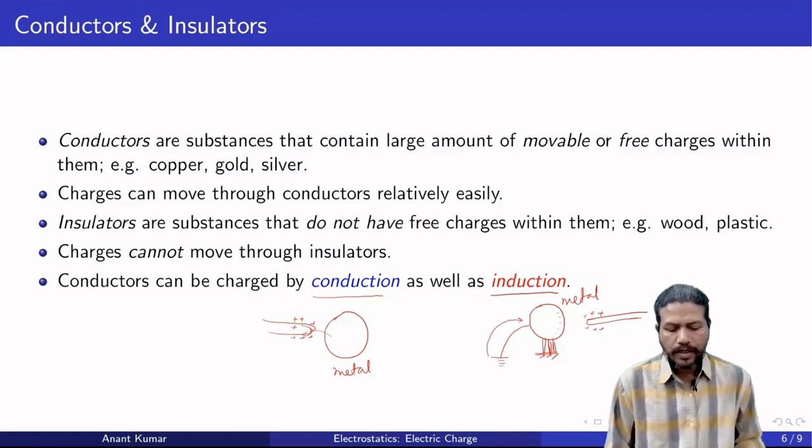In any case, once I bring this charged rod near the metal surface and ground the metal, we have charges coming up on the metallic ball. Now if I remove this connection and then take away the glass rod, the charges will still remain, and therefore we would have charged the metal ball without actually touching it with the charged body. This is the charging by induction.